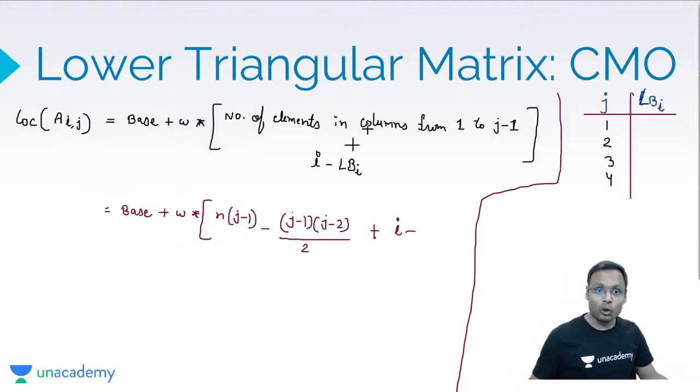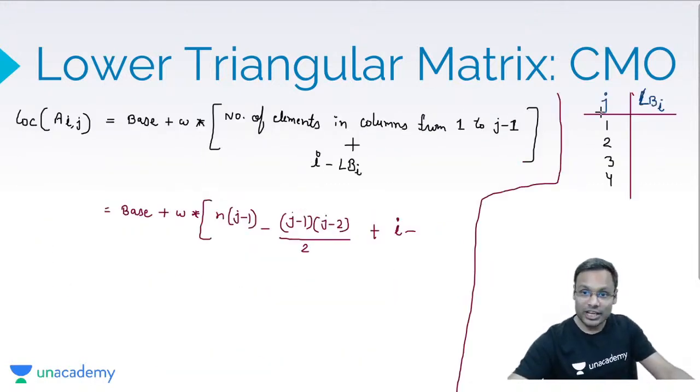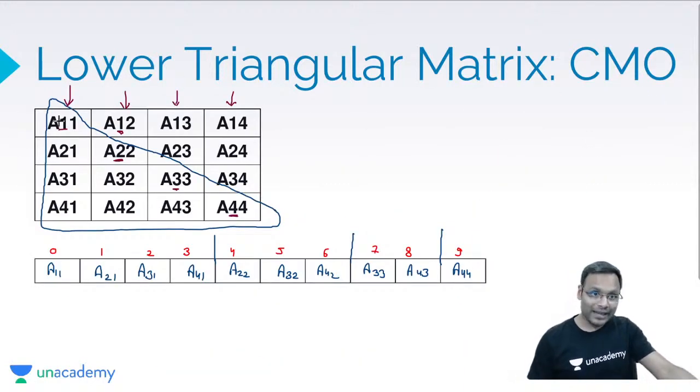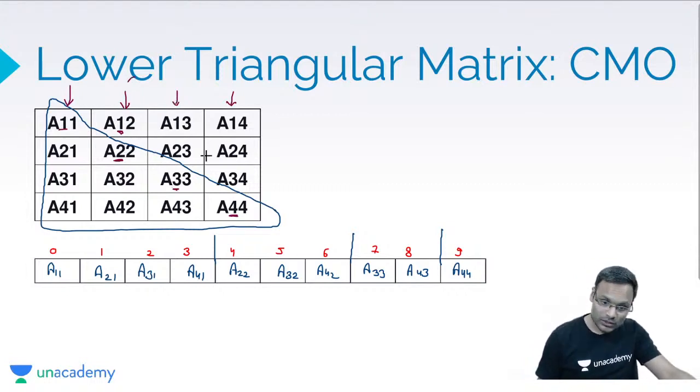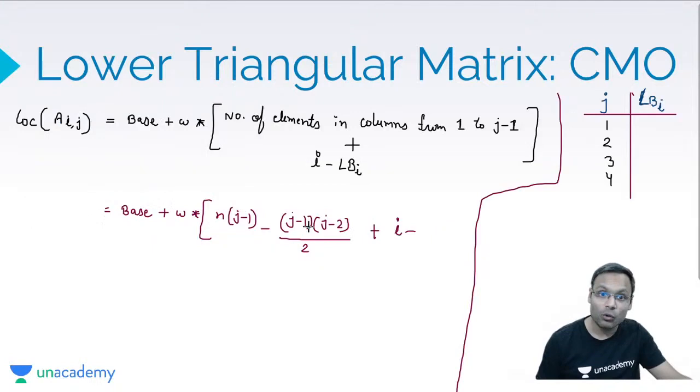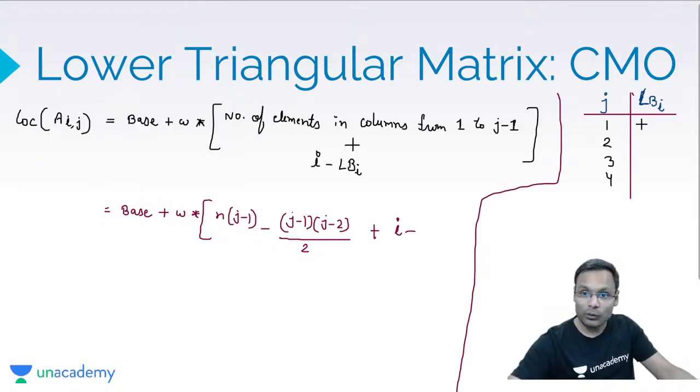Right? So lower bound of I, for j equals to 1, lower bound of I is 1. For j equals to 2, lower bound is 2. J equals to 3, lower bound is 3. J equals to 4, lower bound is 4. Means lower bound is changing along with your j value.